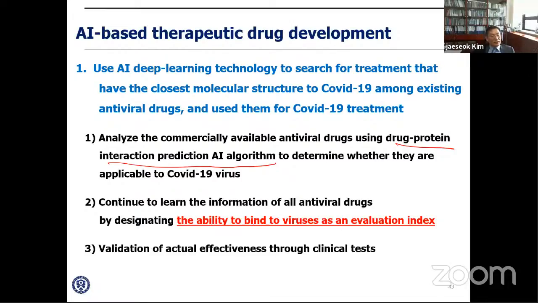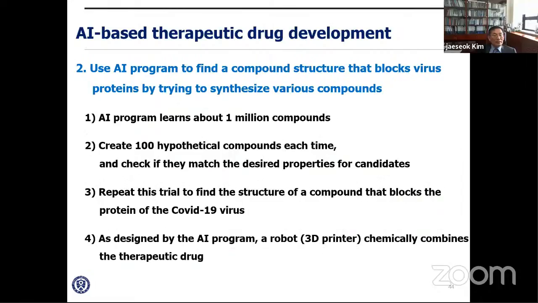And then it continues to learn the information of all antiviral drugs by designating the ability to bind to viruses as an evaluation index. And finally, it performs the validation of actual effectiveness through clinical tests.